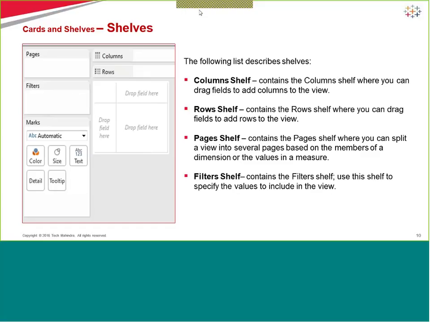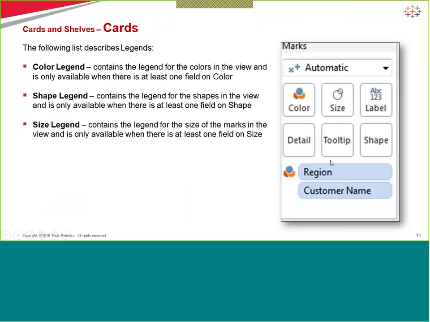Then we have something called cards, right? Color card, marks card, size, text, detail, tooltip, etc. These are the places which are called legends for us. It is a marks card, and the marks card will come with various legends: color legend, size legend, shape legend, etc. These things will help us define the properties of our visualization.